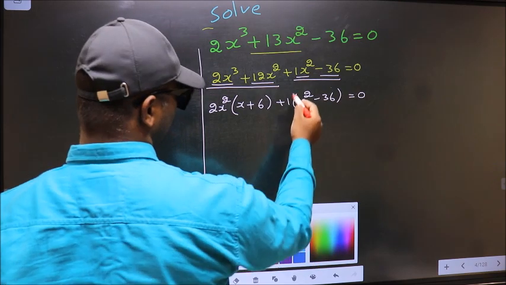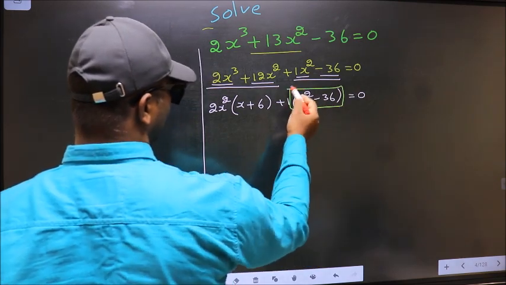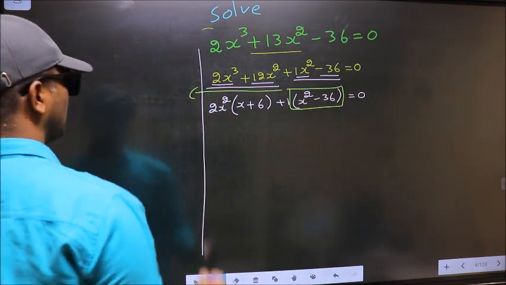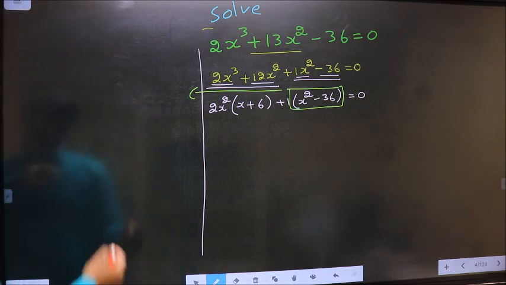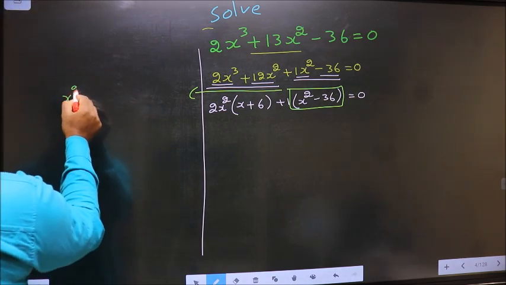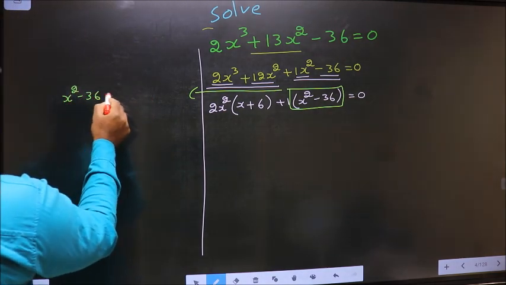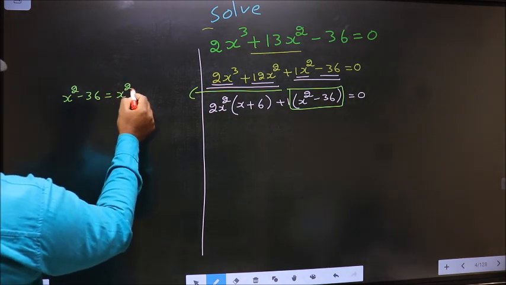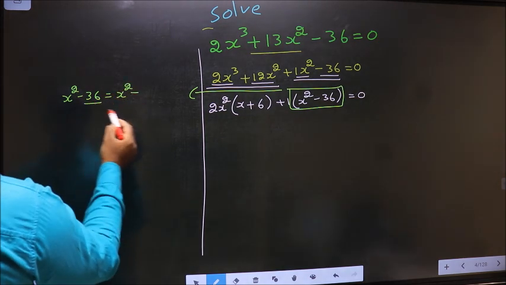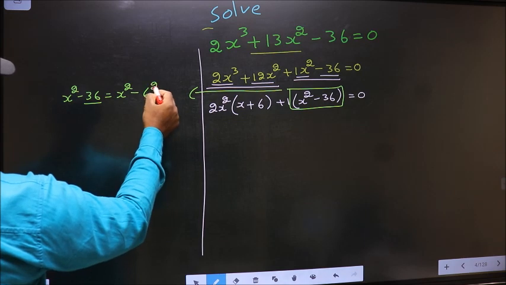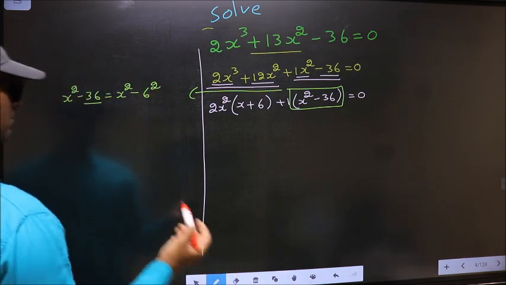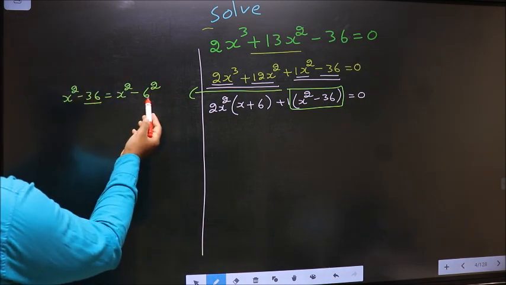Now this bracket, I will factorize it or simplify it here. That is x square minus 36, which is x square minus, in place of 36 now I write 6 square. Why did I change 36 to 6 square?